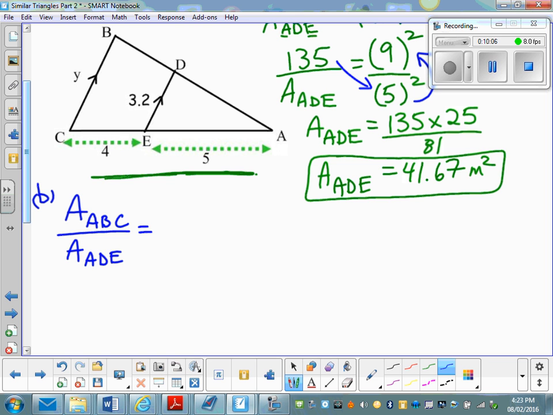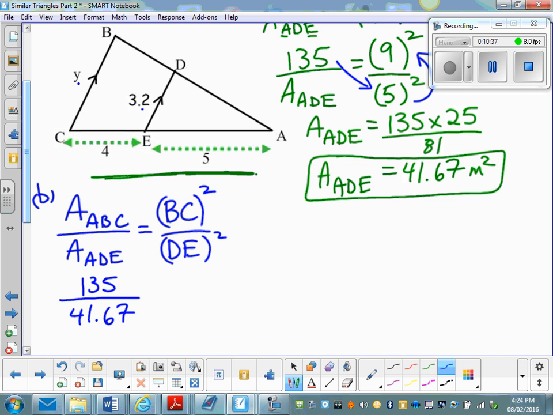And this time, because I'm trying to find y, I'm going to use the 3.2 with that. So I'm going to use, that side is BC, so this is going to be BC squared here. And this one will be DE squared here. Okay, so I'll plug in my values. I know that the area of ABC was 135. And I just found the area of ADE is 41.67.